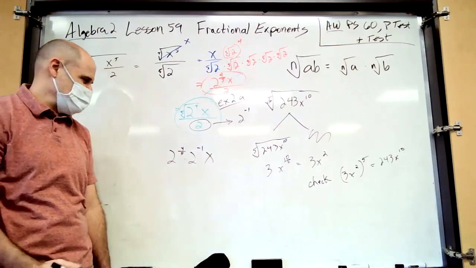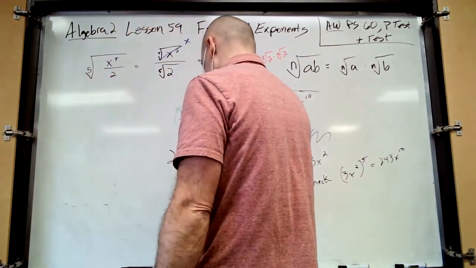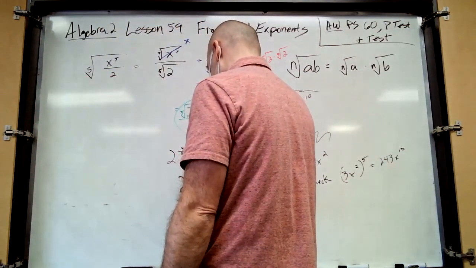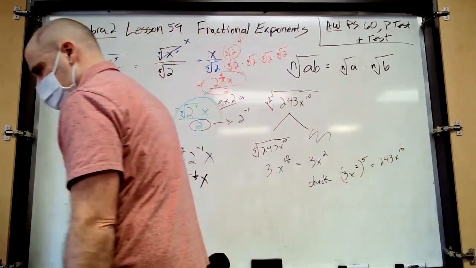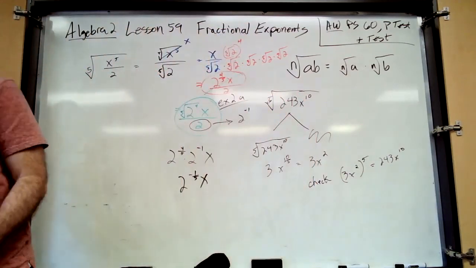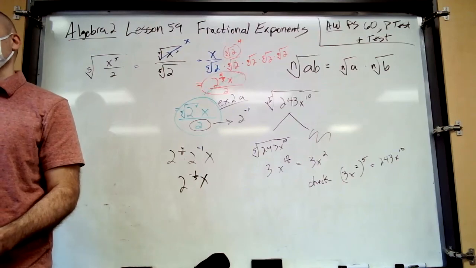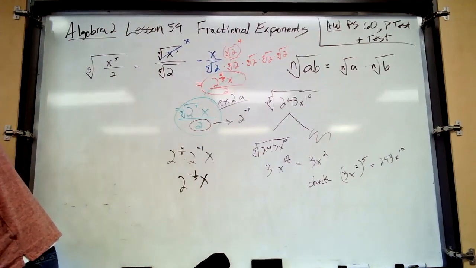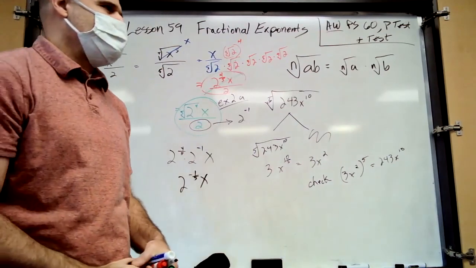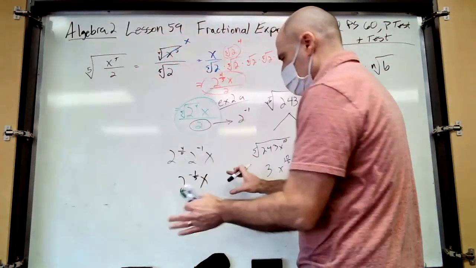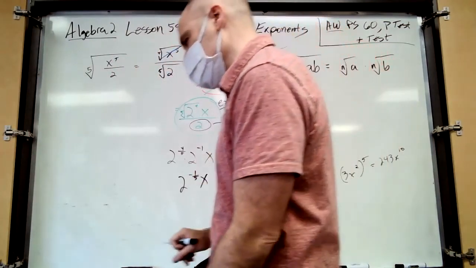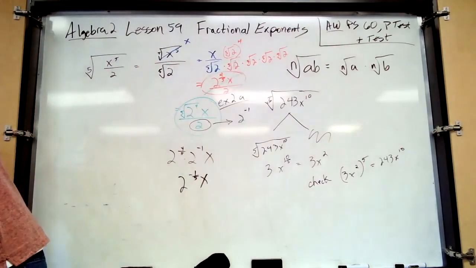So then you're left with 2 to the negative 1/5 x, which is crazy. I don't think you need to do it this way yet, so don't worry about that. But that's just what the book says.